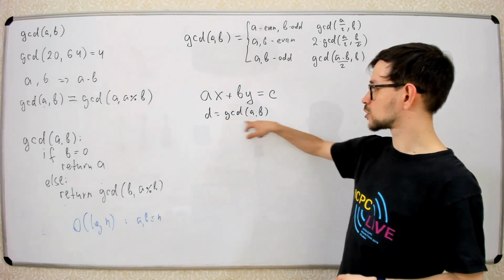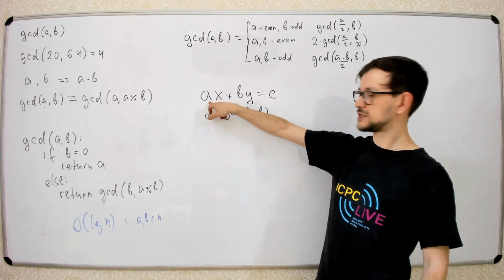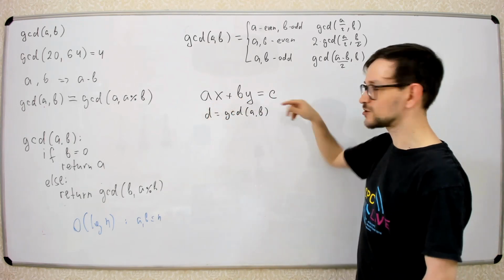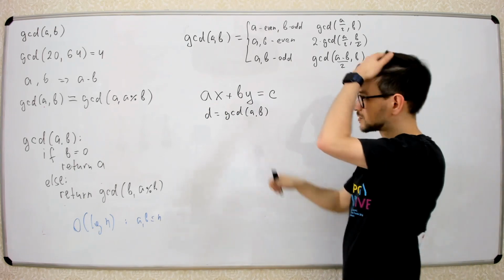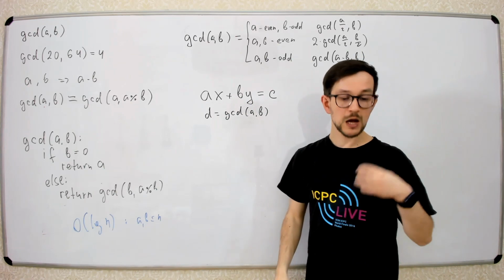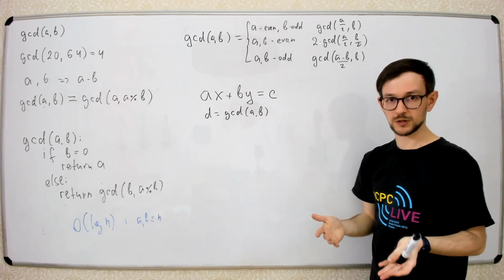So D is the greatest common divisor of A and B. If A is divisible by D and B is divisible by D, then C also must be divisible by D. Because this part is divisible by D, this part is divisible by D, so C must be divisible by D. So if C is not divisible by D, obviously we have no solution.